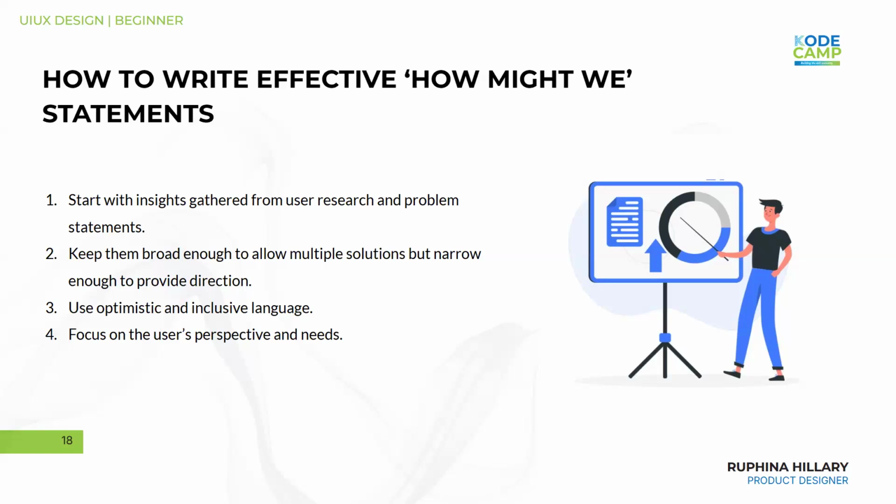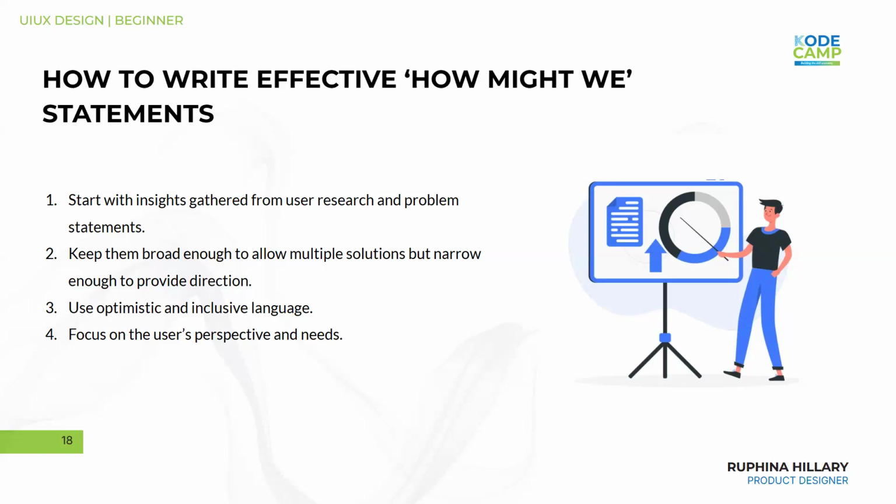Compare everybody in Nigeria to older adults above 40 years. There's already a specific difference. So they should be broad enough to allow multiple solutions, but still narrow enough to provide direction, so you're not lost and things are still clear and precise.